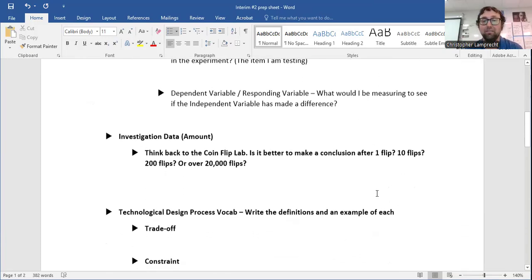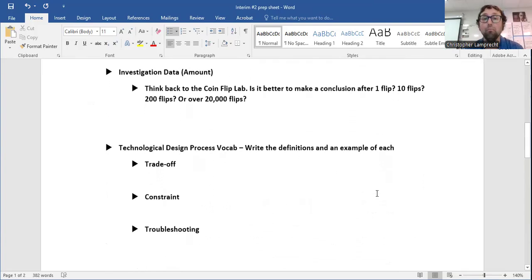The next one is about data collection. How much data is the most important one. If you remember back to when we flipped a coin, and let's say it was heads, you're not going to make a very good conclusion of whether heads or tails is going to be the right answer by one flip. And when you did 10 personal flips, some of you got 8 heads, but other people got 8 tails.